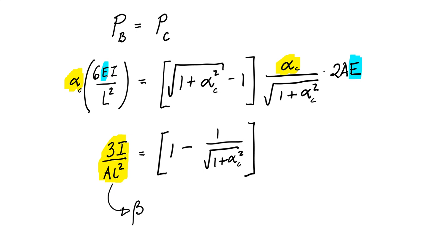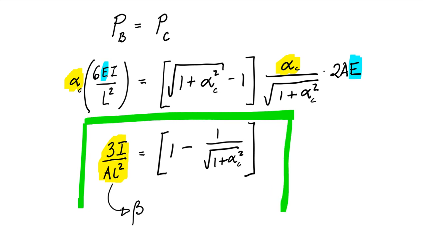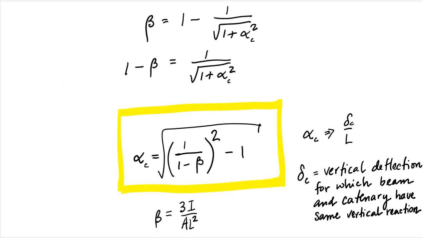And the critical value of alpha, the value for which both beams have the same deflection given the same load, can be found from the solution of this expression right here, which we obtain by simply solving for alpha C, and we get this expression here shown in the yellow box as a function of beta.